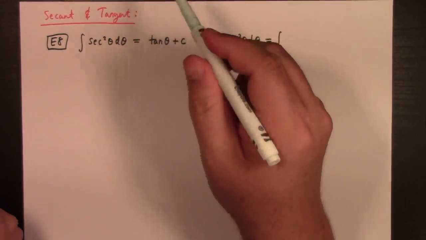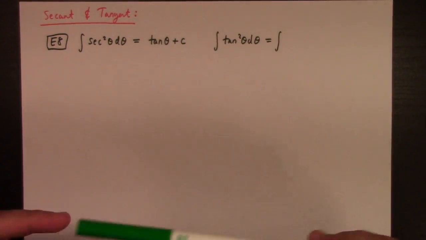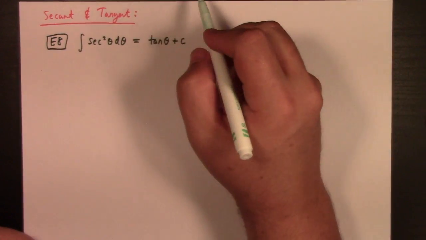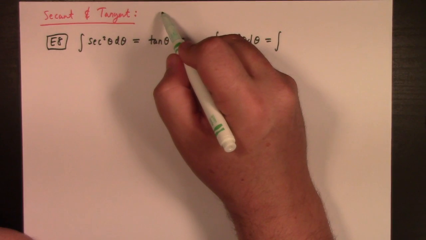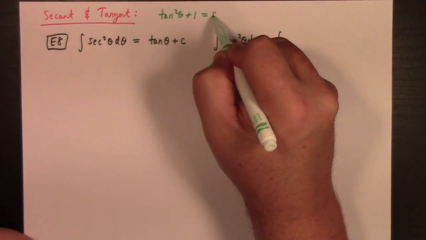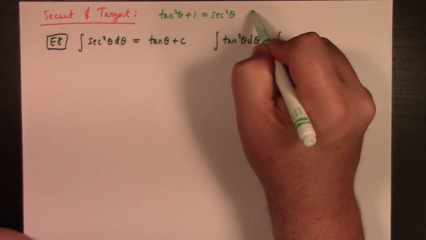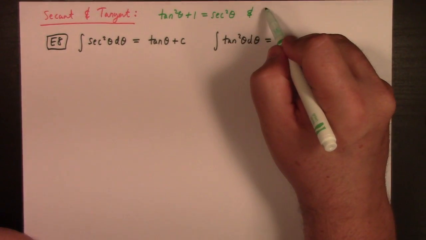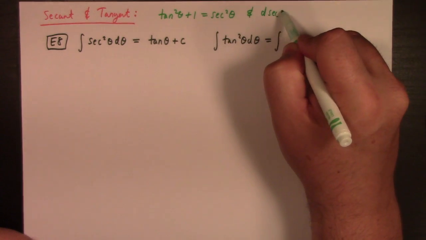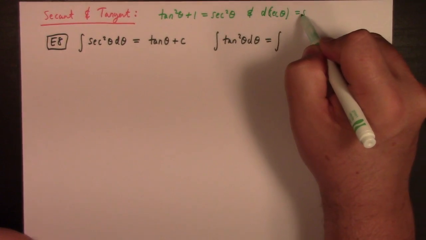Remember, key identity. There really are several key identities. Algebraically, the key identity is that tangent squared theta plus 1 equals secant squared theta. And there are two differential identities we must keep in mind. One is that the derivative of secant theta is secant tangent.